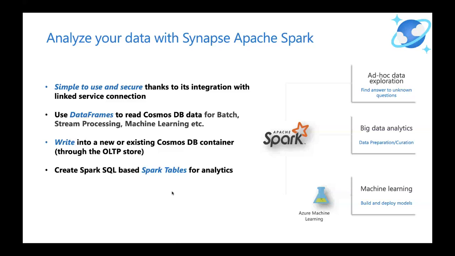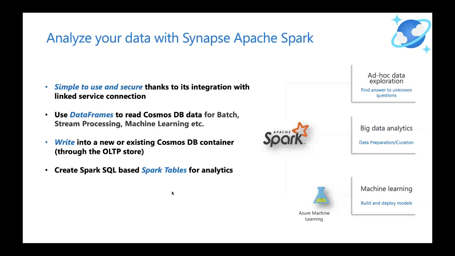And then you can use Spark data frames to load, for example, batch data, things like CSV files, or ingest streaming data from a system like Apache Kafka. Then you can do some processing on it and finally write this data into Cosmos DB containers using the OLTP integration within Synapse.